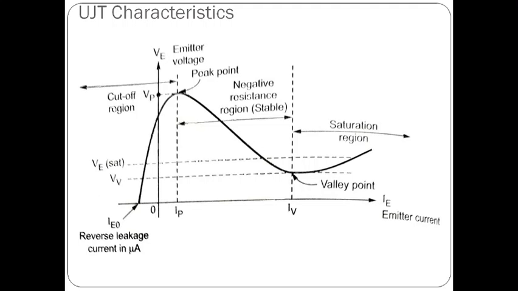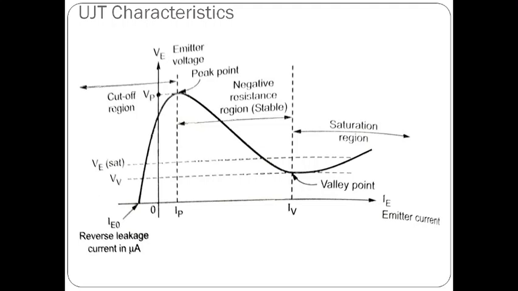Up to the peak point voltage, that means VA plus VD, the UJT is always in off state. In that case we have only the reverse saturation current because the diode is in reverse bias, represented with IE0 till VP.